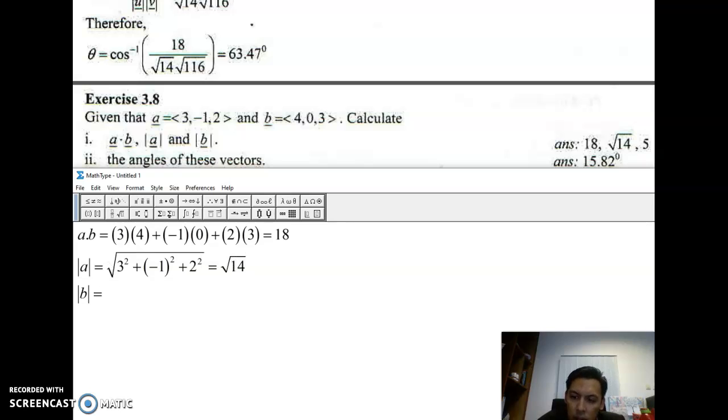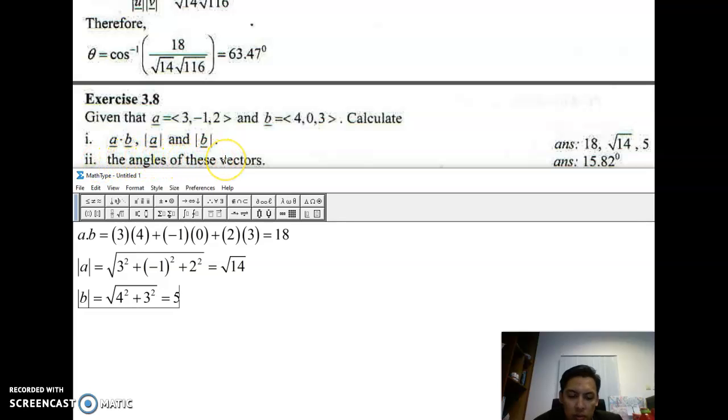As for B, we have 4 squared plus 0 squared plus 3 squared, equal to 5. Now that we have all of this, we can proceed with question number 2.